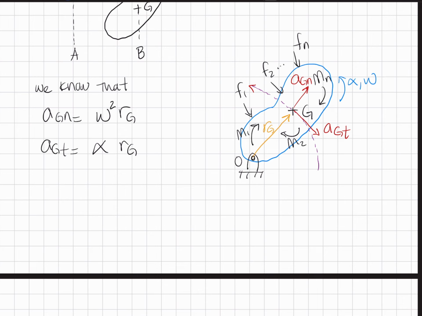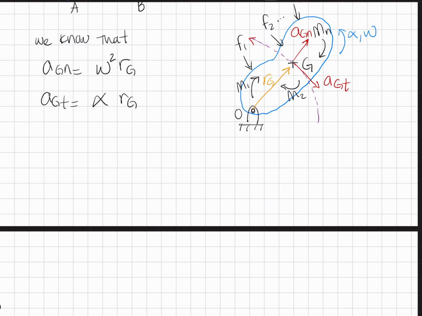So with this in mind, we could say sum of forces in the normal direction. And of course, here I'm using the term normal tangential. You could also refer to this as X and Y, depending on the type of coordinate system you have. So, let's say if you have such a system, X and Y, you could easily rephrase the formulation we have here. So sigma F of n is equal to M AG of n.